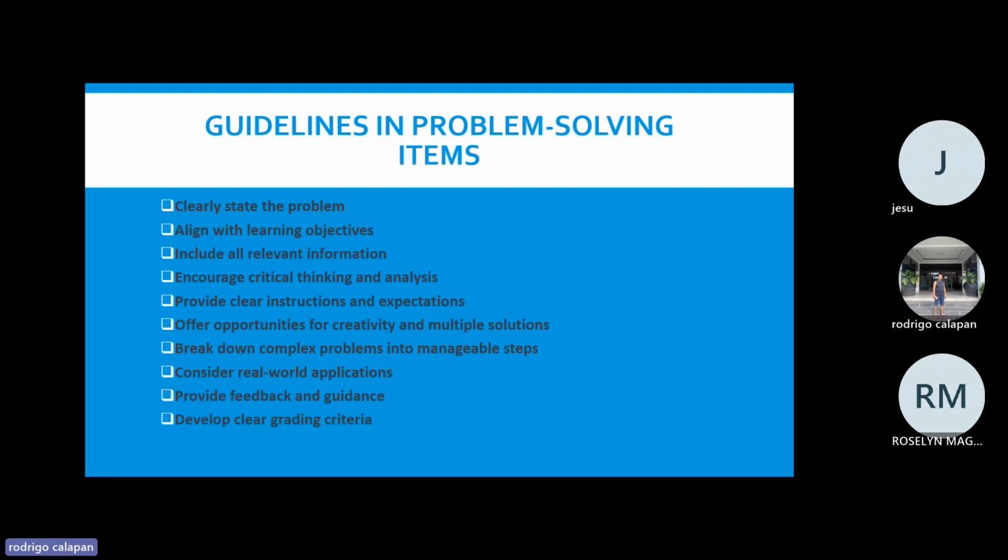So of course, there will be variations also of the quantitative problem solving items. So mayroon tayong one answer choice, and this type of questions contain 4 or 5 options, and the students are required to choose the best answer. Another variation is the all possible answer choices.